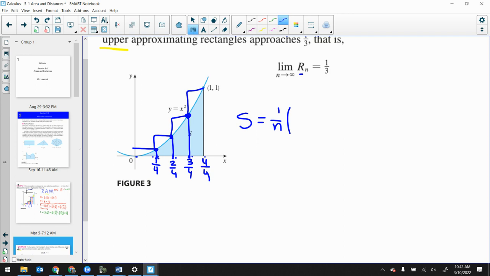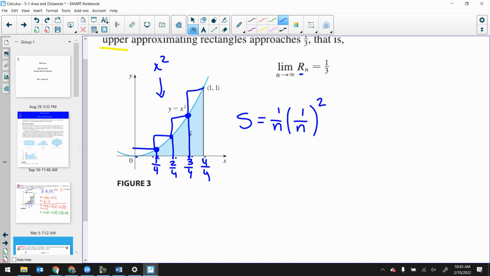And what's the denominator? 4. So if I cut it into nths, the denominator is going to be n. Now, so that means this is going to be 1 over n, but I don't want just that value. Because this is x squared, I want that value squared. Right? Because it's the y value. The height is the y value of that point.